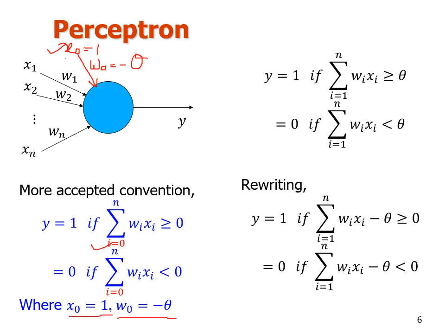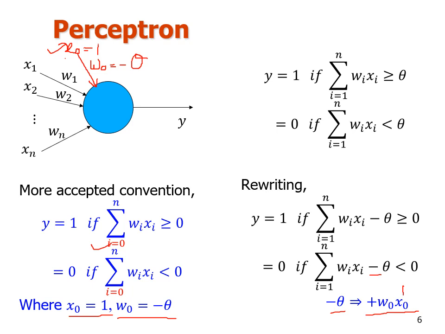So what we are doing simply is, in this expression minus theta is being replaced with plus w0 x0, and to have the equivalence between these two terms, we are assigning w0 equal to minus theta and x0 is 1. Makes sense?